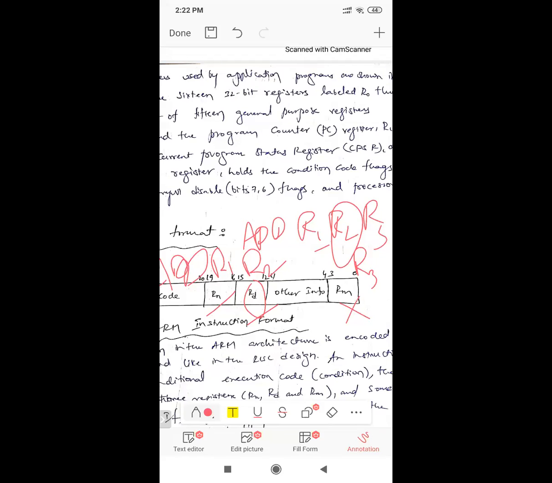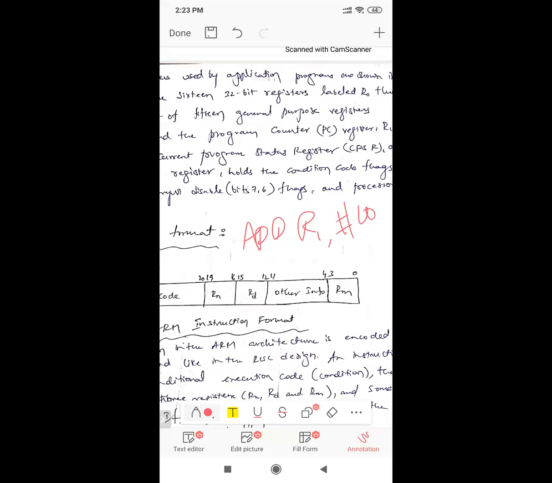Okay? The other field is nothing but to represent the immediate operand. Add R1 comma hash 20. The hash denotes the immediate operand. The immediate operand is the operand or data specified in the instruction itself.